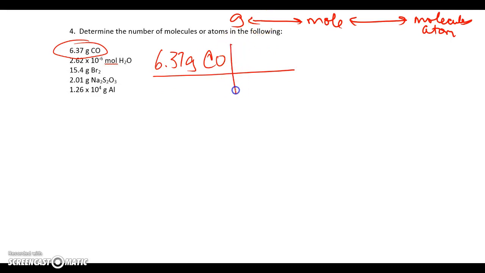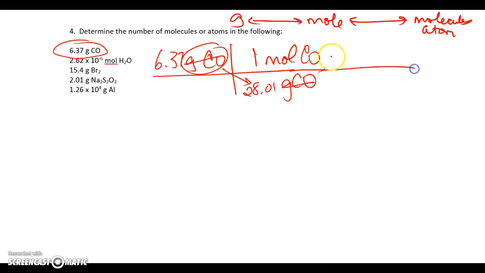Well, I have to get to moles. And what did I use? I used molar mass. Well, grams have to drop down in order to cancel. Then I'll get to 1 mole of this. The molar mass is 28.01. So notice I've gone from grams to moles of CO.